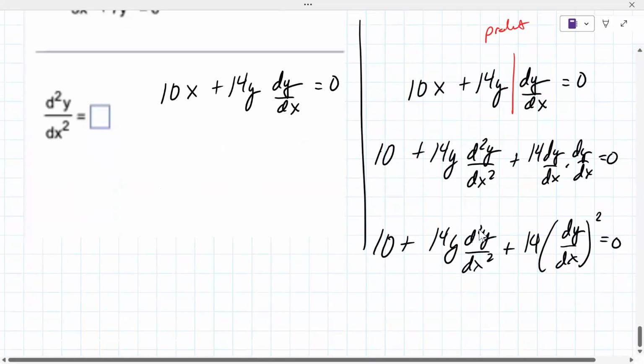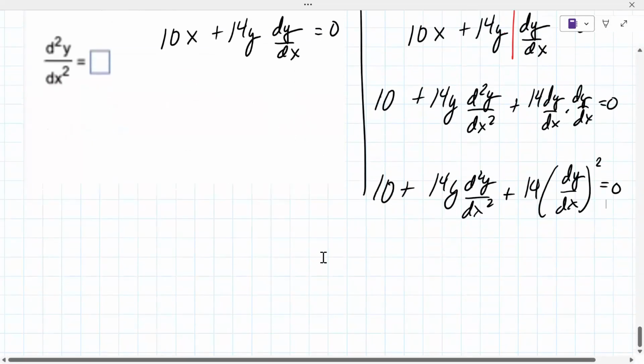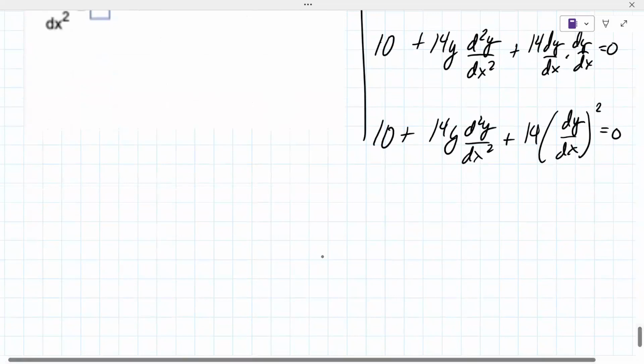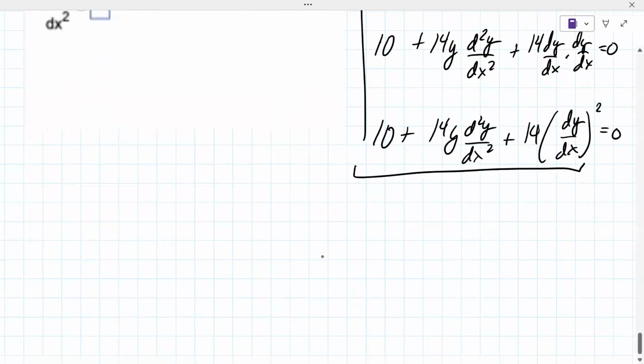But this is the thing on the right. We're going to solve for this d squared y over dx squared, and then we're going to substitute in the derivative here. So just a lot of algebra at this point. So you're basically solving for d squared y over dx squared.